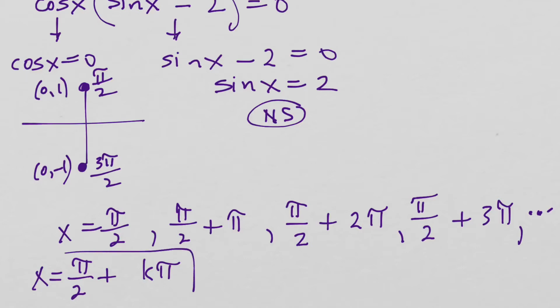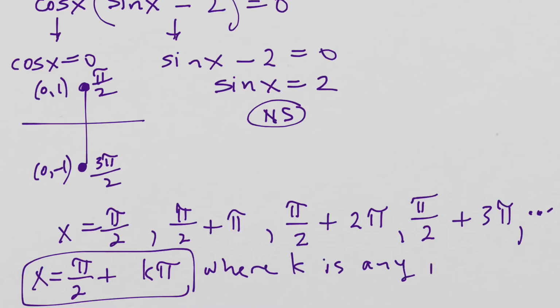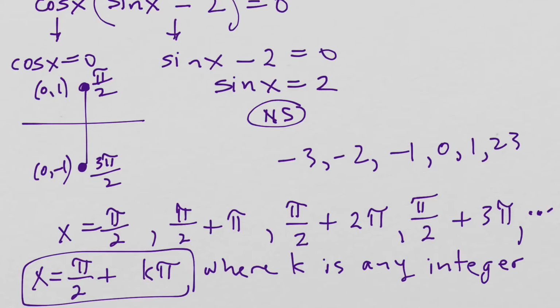And that's how we can write our solution, where k is any integer, meaning it could be also a negative number. Integers are -3, -2, -1, 0, 1, 2, 3 in both directions. That's what we mean by an integer. So this is your solution.